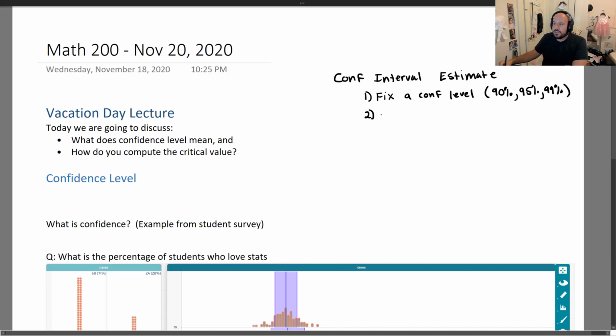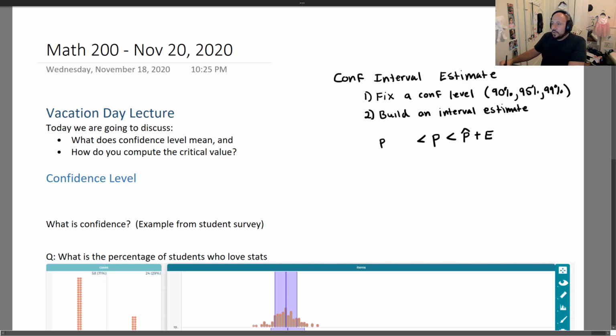This is our second step, after we've done that: we build an interval estimate. The way that we build it is by saying that the true value, and this is what we mean by an estimate, is going to be between two numbers. The upper end of this interval is going to be some sample percentage that we collect, plus this little wiggle room that we call the margin of error.